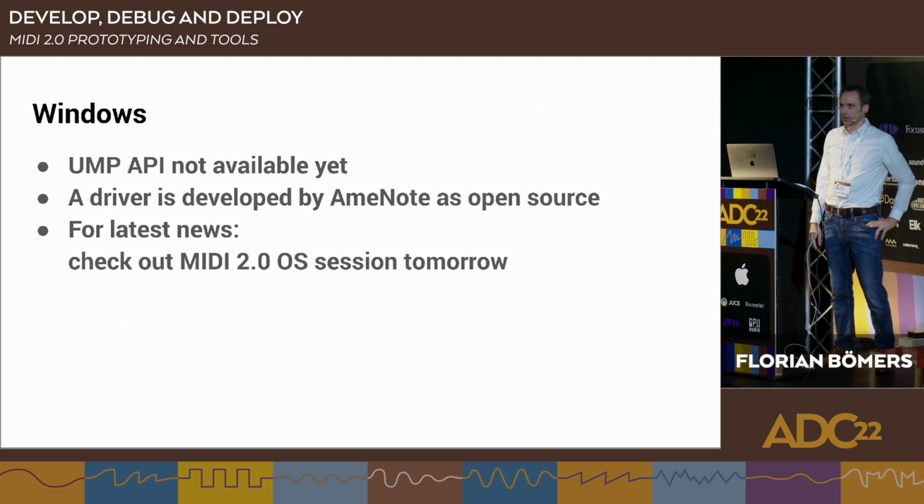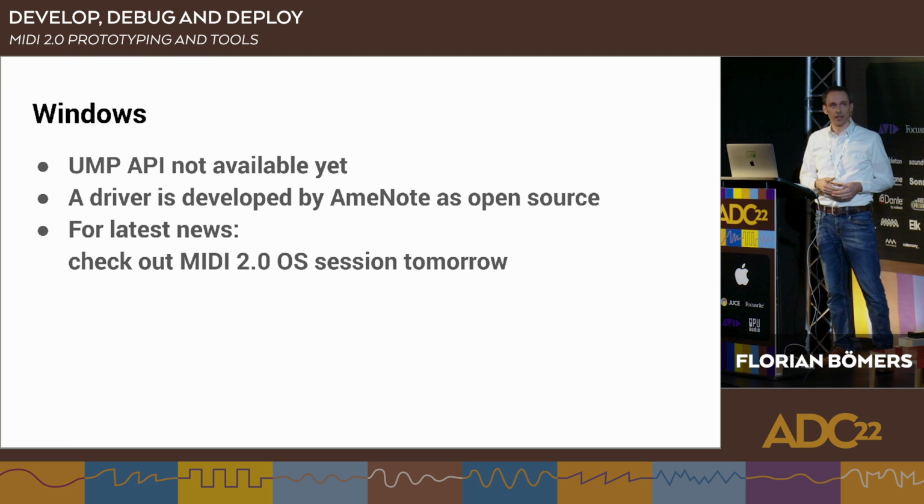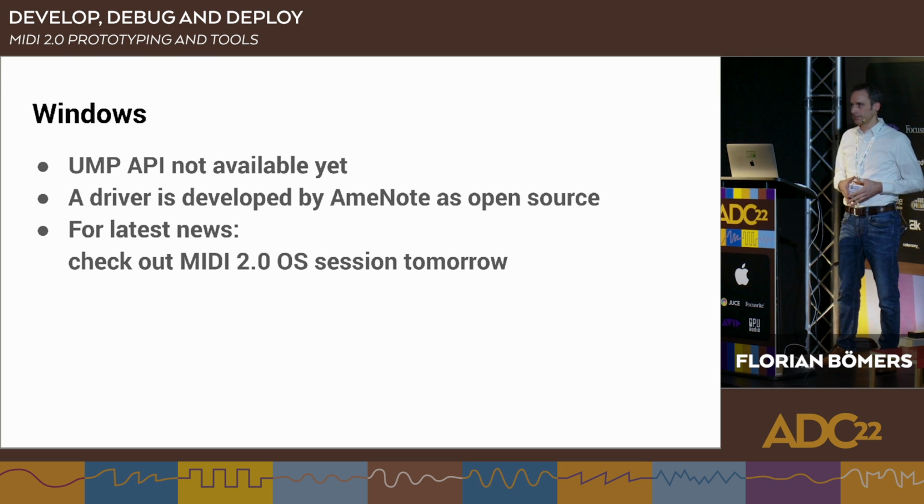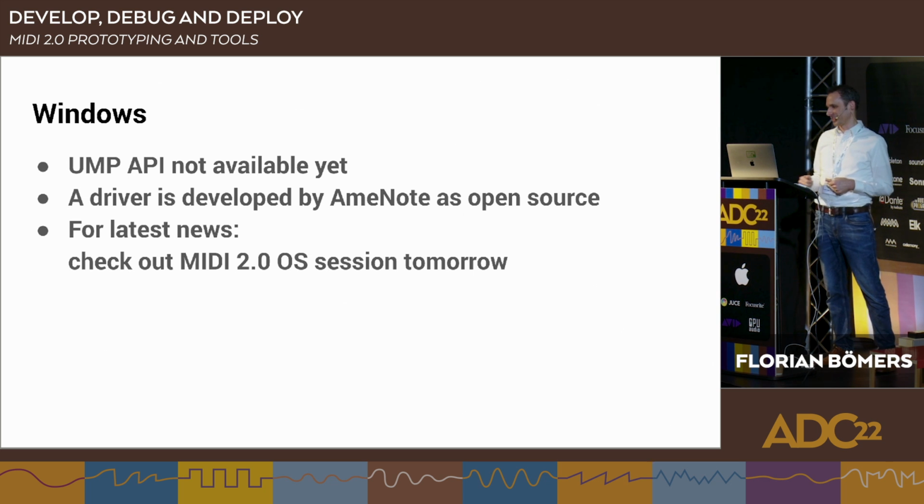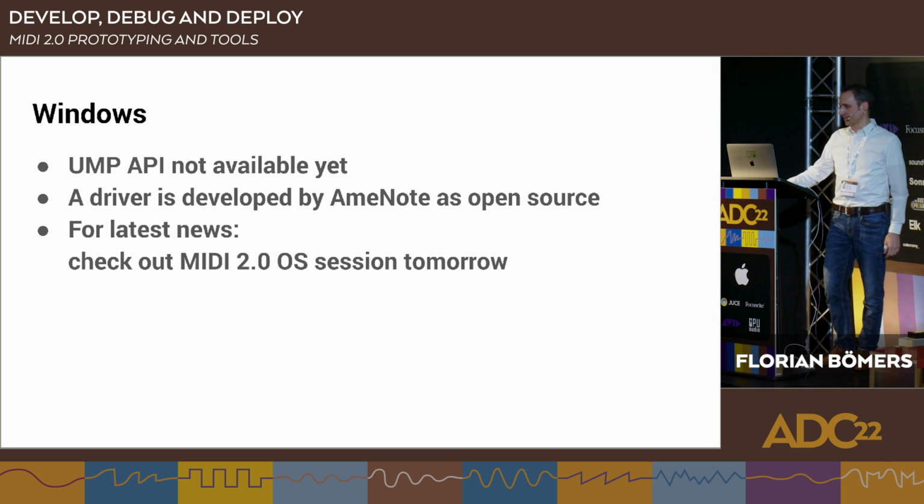So we have a USB driver available on Windows too, and Microsoft is also working on an API. Tomorrow there will be a session at 9 a.m. where representatives of Microsoft, Google, and Apple will explain a little better and in more detail what their plans are.